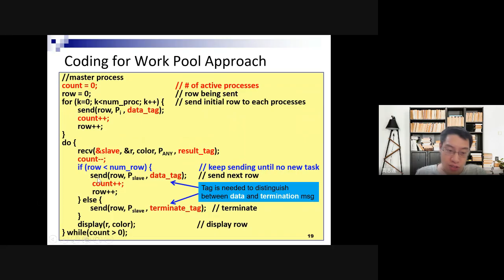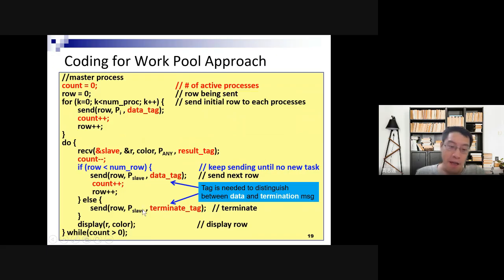And of course, after you collect the result, you can display the results to your screen. Okay, and when you send out all the tasks, then the master will send out the termination flag or message to the slave, so the slave knows when to stop.